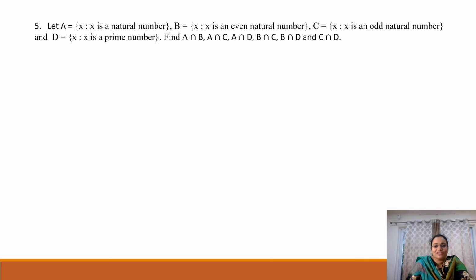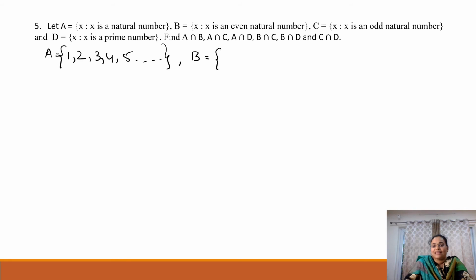Let A equal {x such that x is a natural number}. They have given a set builder form for all the sets, and we need to find the roster form. So what is A? A is the set of natural numbers, right? So 1, 2, 3, 4, 5 and so on.